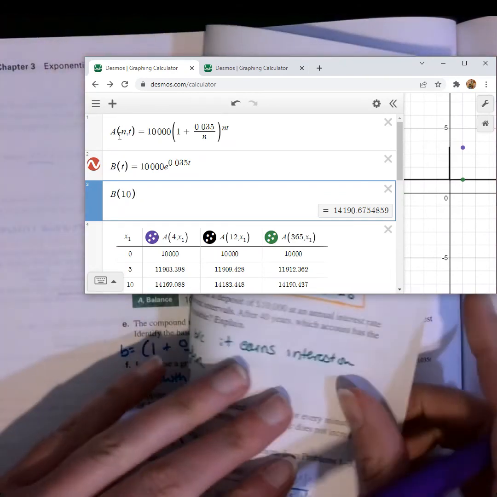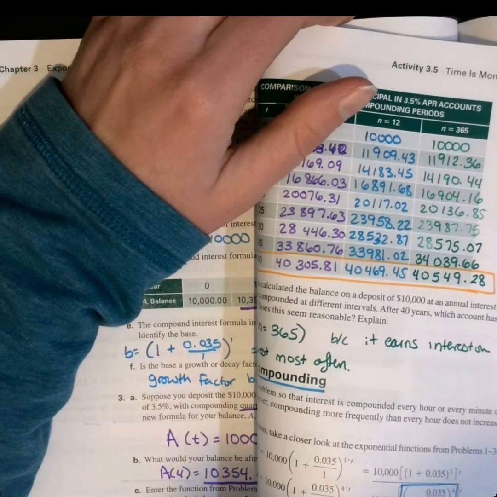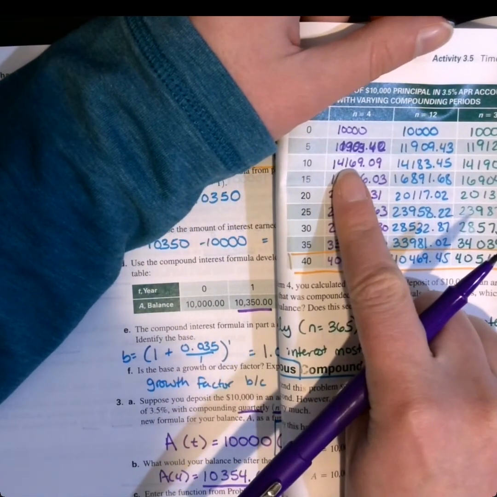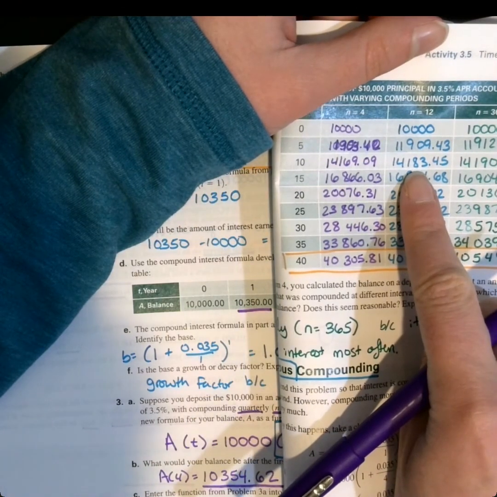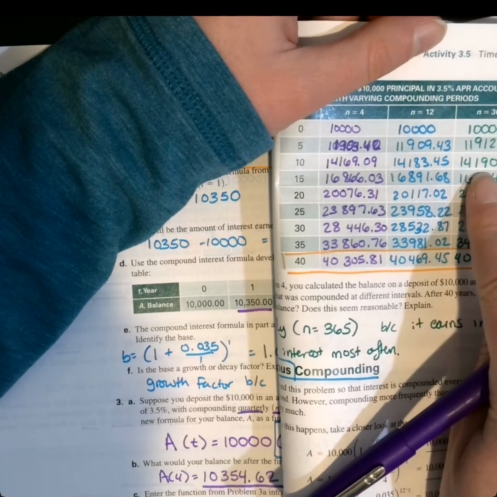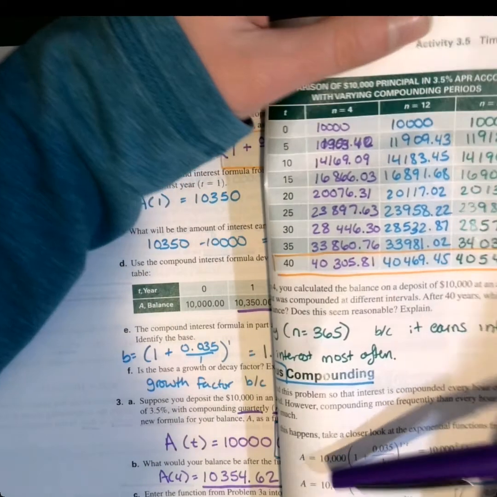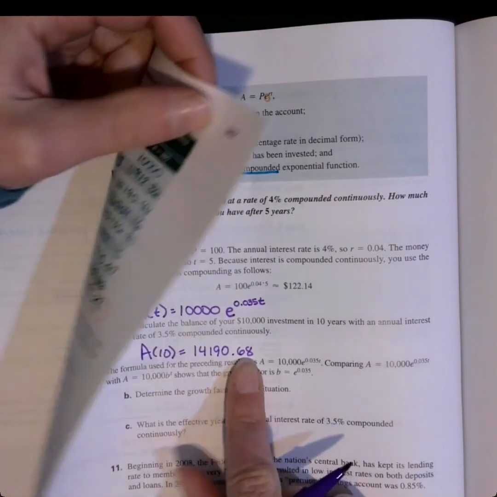Compare that over here. After 10 years with 4 compoundings, it's 14,169, 12 compoundings, 14,183, 365 compoundings, $14,190.44 to $14,190.68. So it's very close.